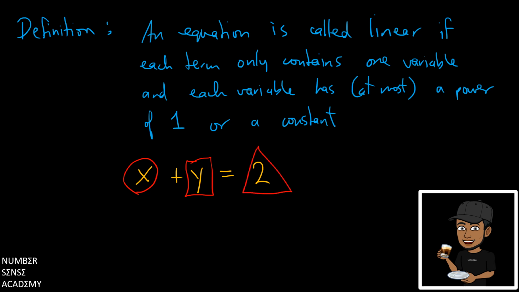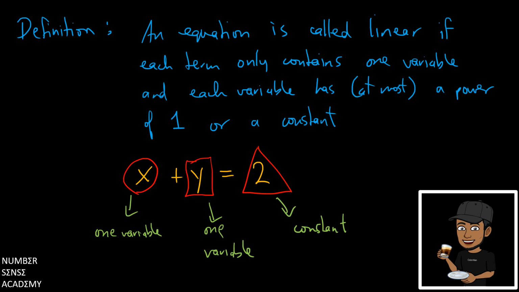When we look at this term, it only has one variable. We normally write these as a product. So this has one variable, this has one variable, and this is a constant.